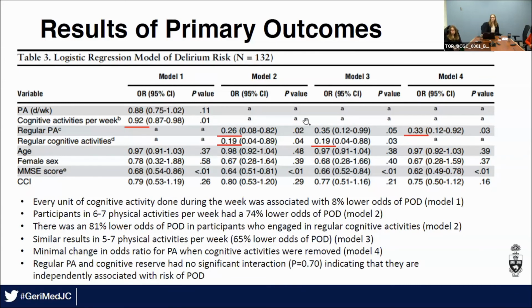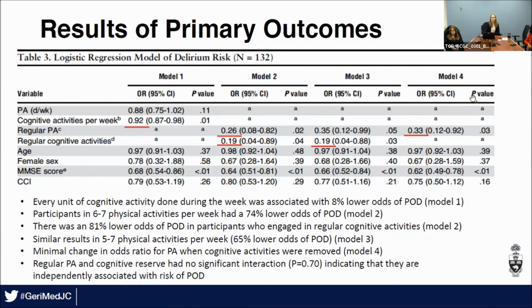In the third model, they wanted to see whether a decreased number of physical activities was still significant. So they looked at 5 to 7 days of physical activity in a week. It was significant, but borderline with a p-value of 0.05. And so they found about a 65% lower odds of developing delirium.